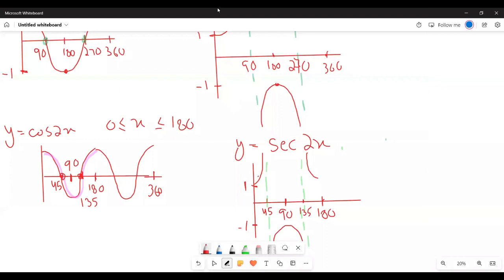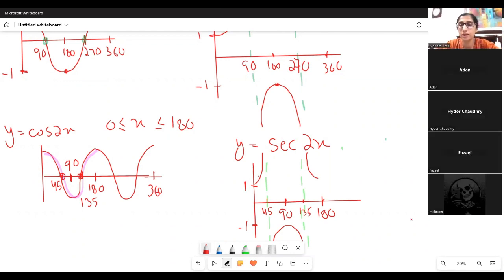Just give me a second. Okay, so that's the graph for secant 2x.